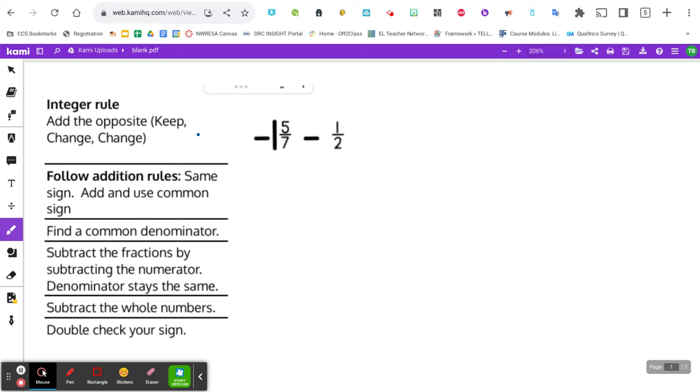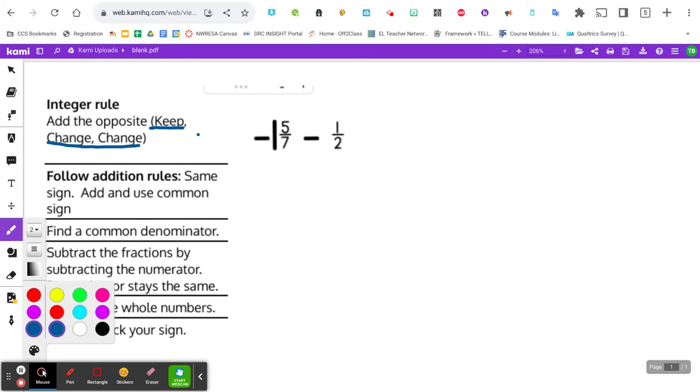So here we go. So we have -1 5/7 minus a half. So the first thing that we need to do is figure out what our integer rule is. Our integer rule is add the opposite, which you guys know as keep, change, change. So that's the first thing that we need to do.